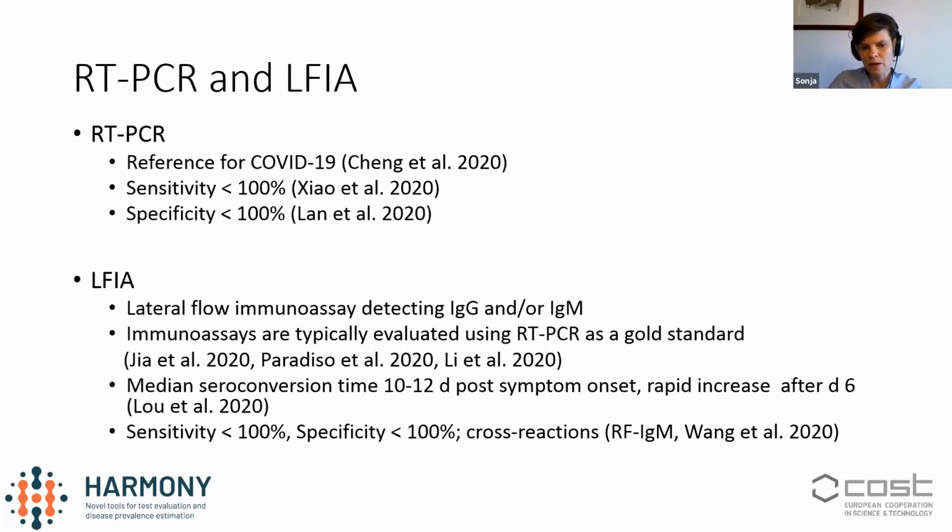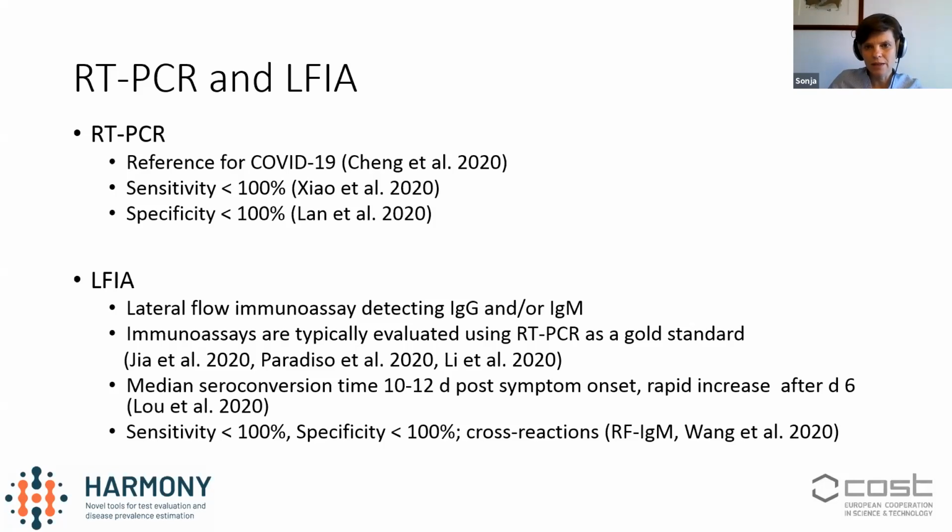The lateral flow immunoassay is able to detect IgG and/or IgM. And in a number of papers, immunoassays, not only the lateral flow, but also other types, have been evaluated against the RT-PCR.